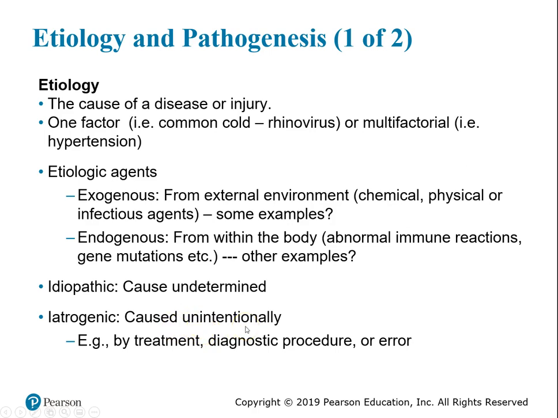So by a medical error, or by a treatment that maybe wasn't given by mistake, but was experimental, and it ended up causing another type of disease. Also, a diagnostic procedure in which a mistake was made. So there are causes on that level as well.